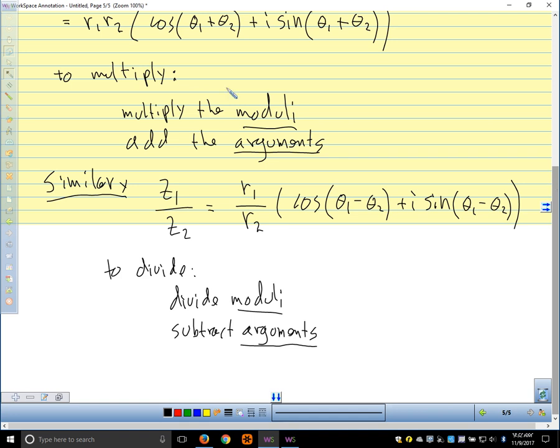And the multiplication piece is going to let us figure out powers and roots of complex numbers. Because a power is just repeated multiplication, right? Something to the third power is something times itself times itself.